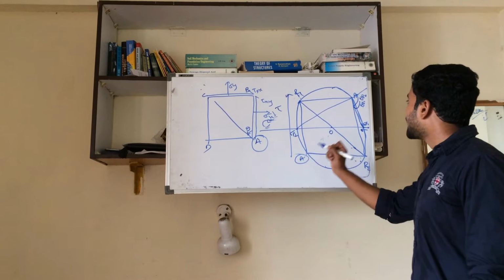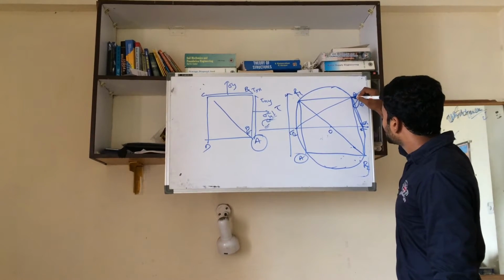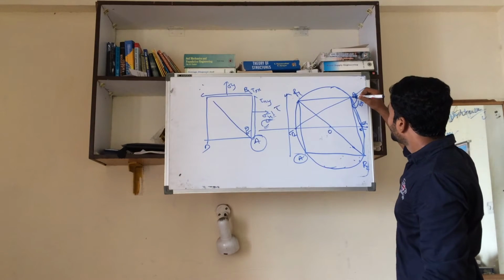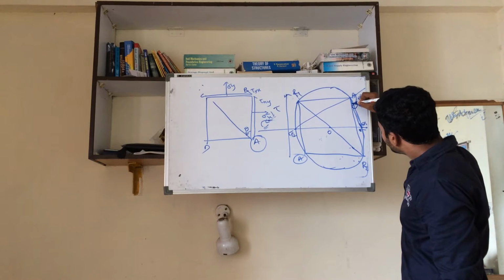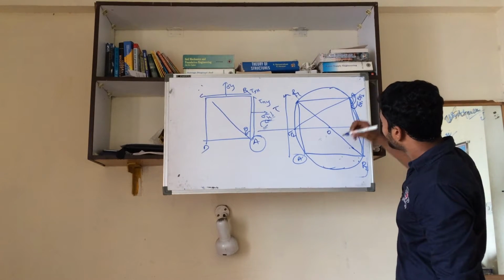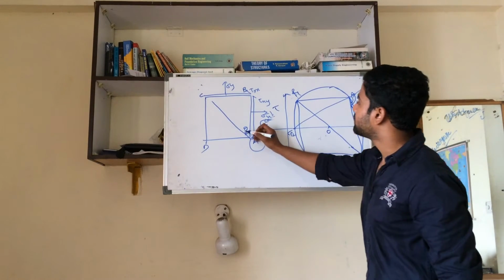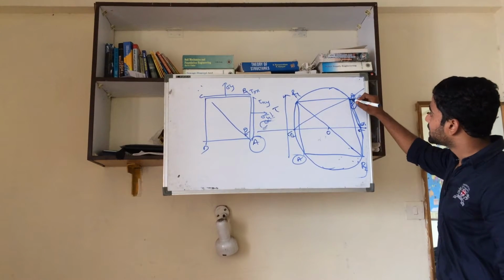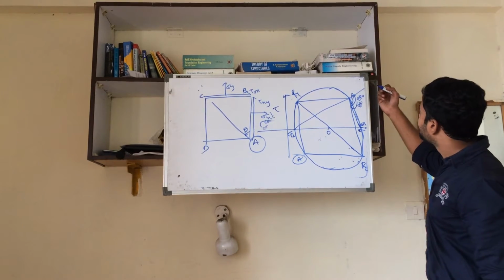And if at all we have to calculate stresses at any angle, just with respect to this point, if you consider theta, draw a line. Let us say if theta is given to you, with respect to this point, take an angle.